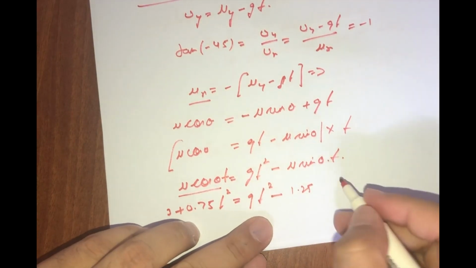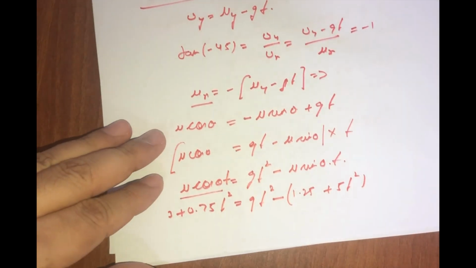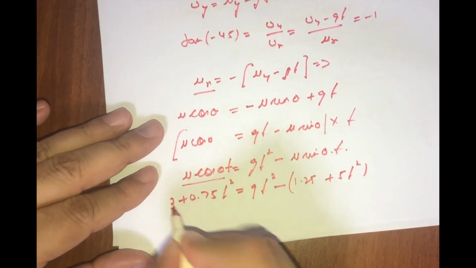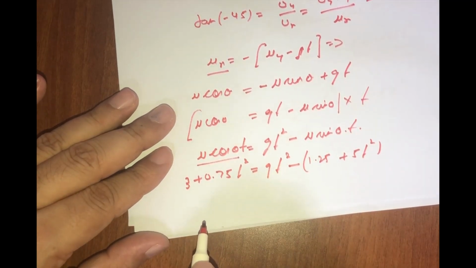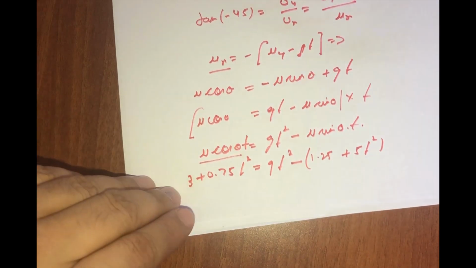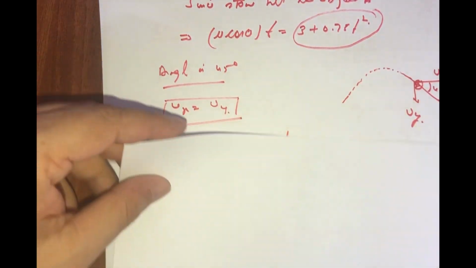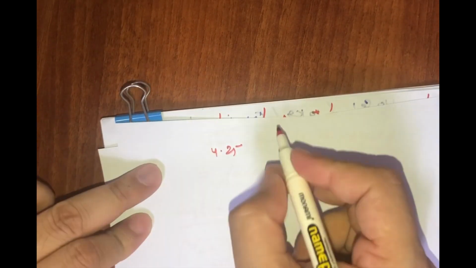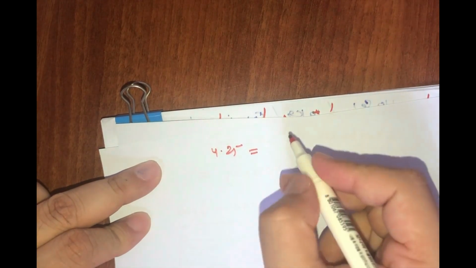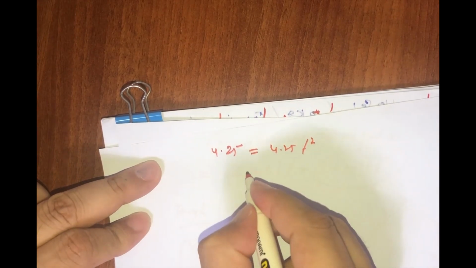This is 3. So we can further solve it, and we are going to get 4.25 is equal to 4.25 t square, or we can say that t is equal to 1 second.